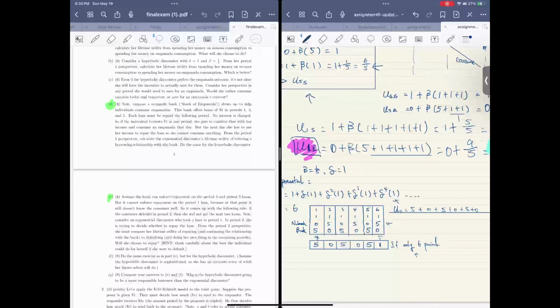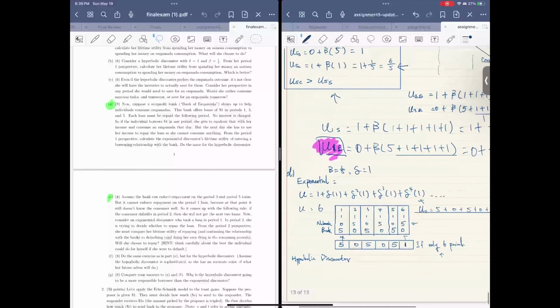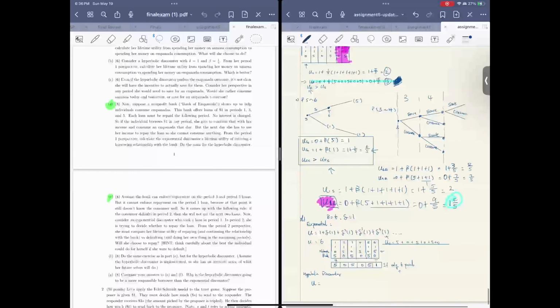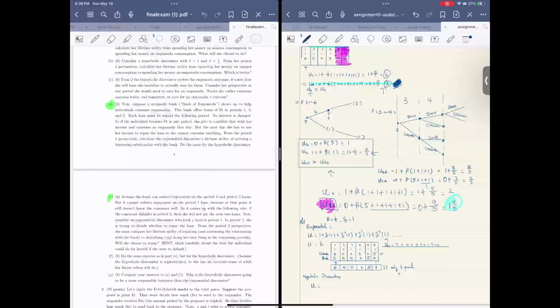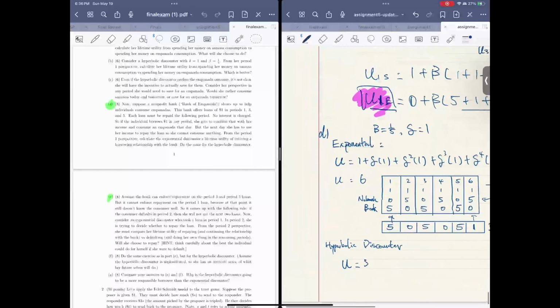Let's do hyperbolic. Okay, now your hyperbolic discounter, what would you have? We already know that a hyperbolic discounter would prefer to consume the empanada. So you will have 5 plus beta 0 plus 5 plus 0 plus 5 plus 0.